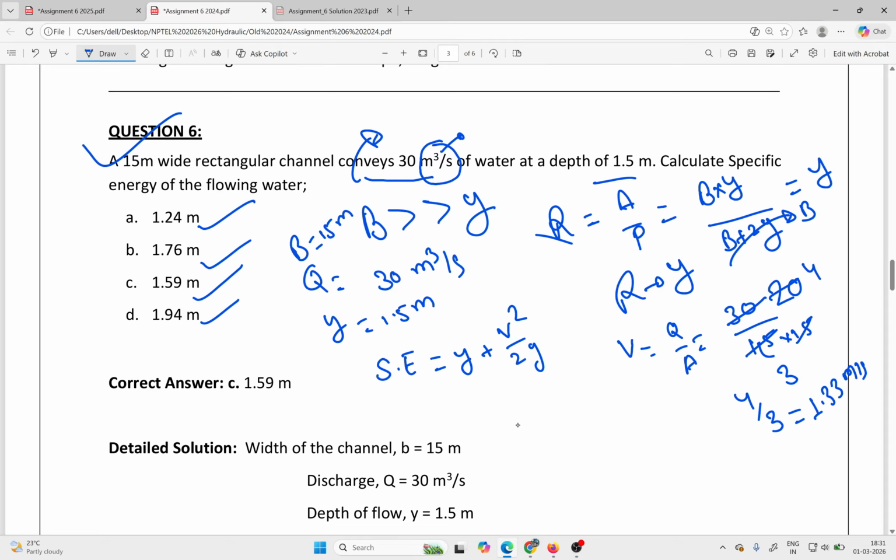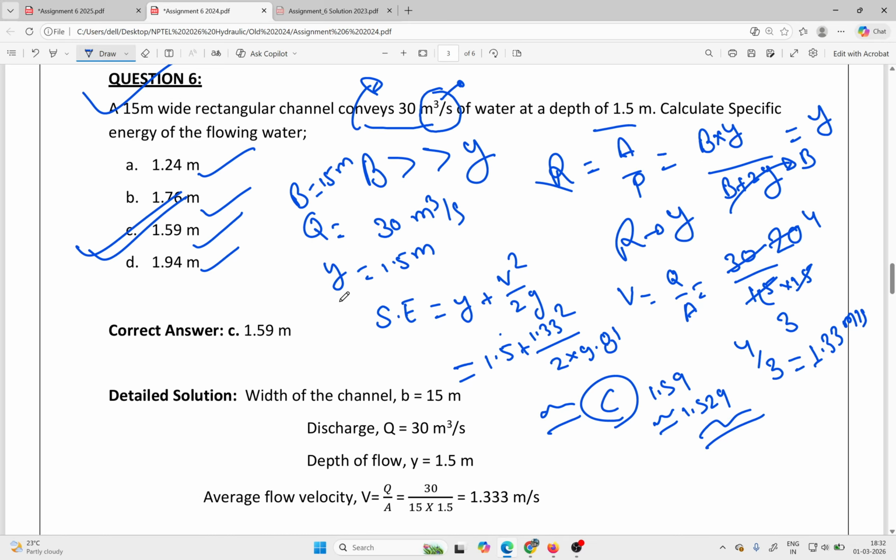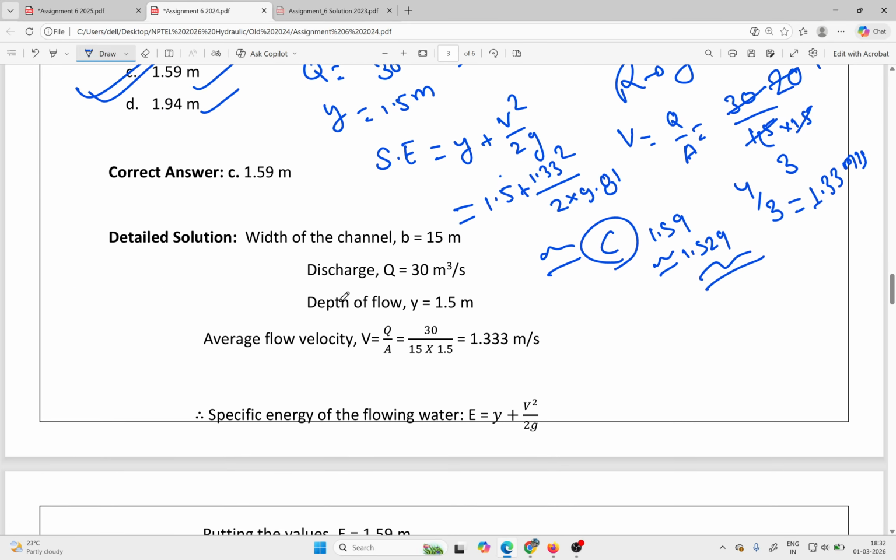Now y is equal to 1.5 plus 1.33 square divided by 2 into 9.81. After calculation you will get option C, where it is written 1.59. One student is telling it is coming 1.529. So you can check this typo mistake, no issue. But overall this is the concept of how I will solve this question.